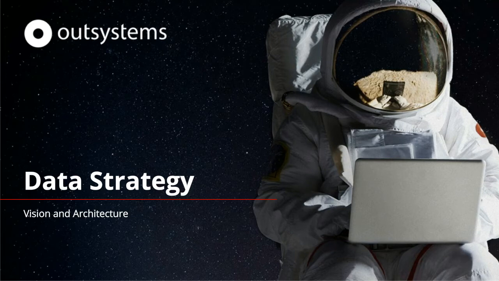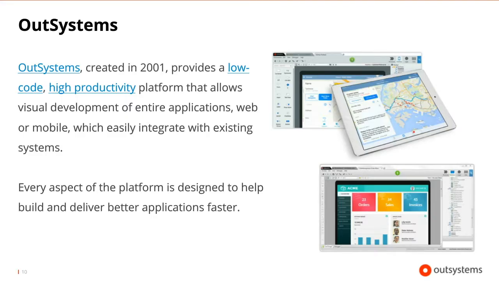Just to start, and to give you a little more context, let me talk a little bit about OutSystems. We are a leading provider in the high productivity, low-code platform space. We have a visual development platform that allows you to create mobile or web applications which are very easy to integrate with other existing systems.